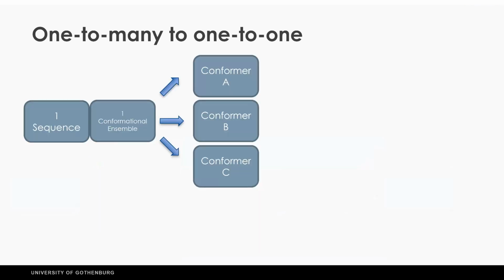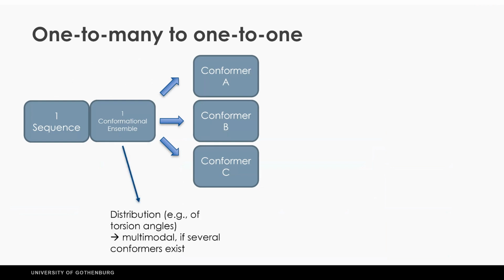Until you realize that the conformational ensemble is not really a box that you can predict very nicely. So you need to first think about what is a conformational ensemble. And in a way, an ensemble is nothing more or less than a distribution. In our case, since we're interested in torsion angles, it's a distribution of torsion angles. And if you have multiple conformational states, then it's a multimodal distribution, because you can have multiple peaks, basically.